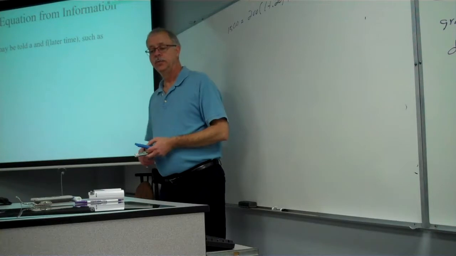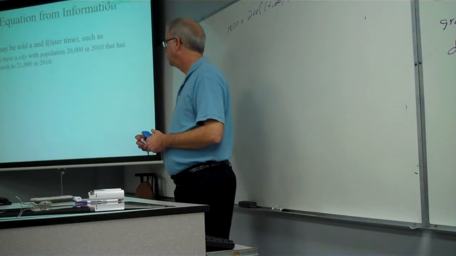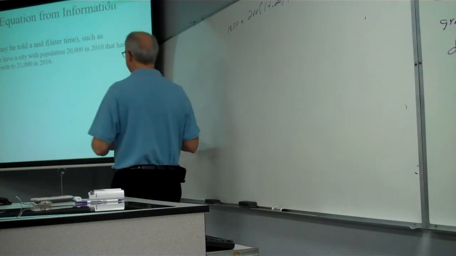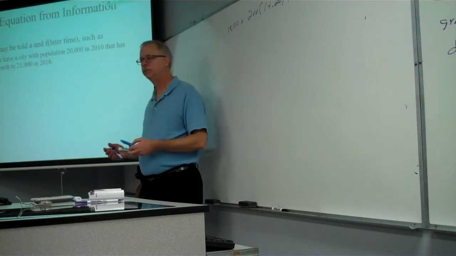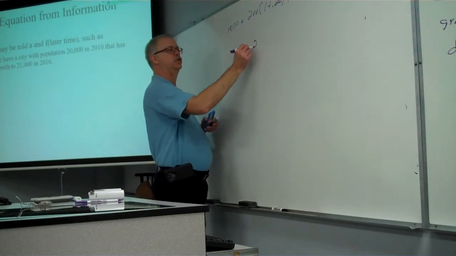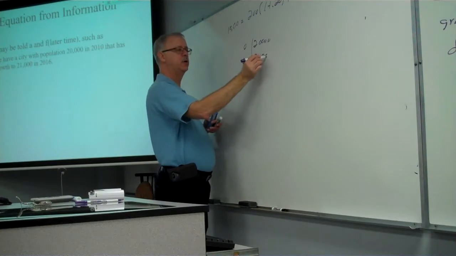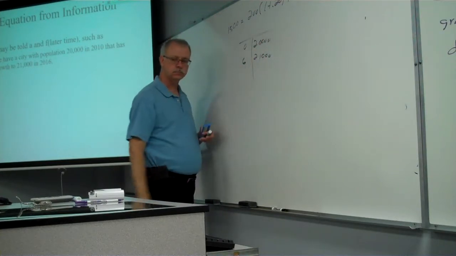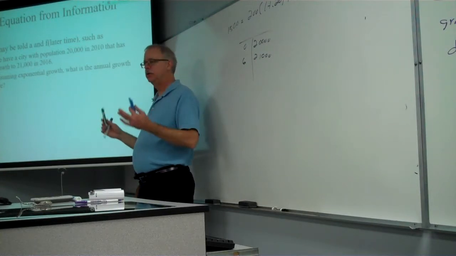Now, we may be told the initial amount and then how much we have at a later time. So we may be told something, a city's got a population of 20,000, and in 6 years later it's up to 21,000. So we start with 20,000, 6 years later we're up to 21,000. We're going to assume exponential growth.